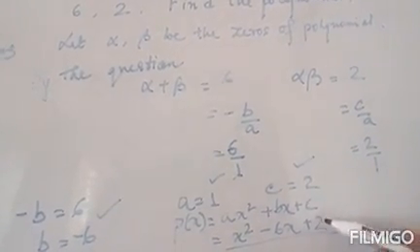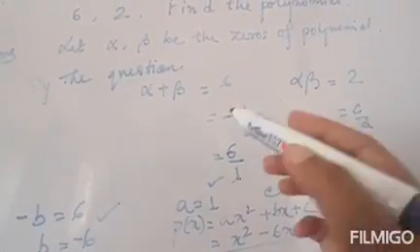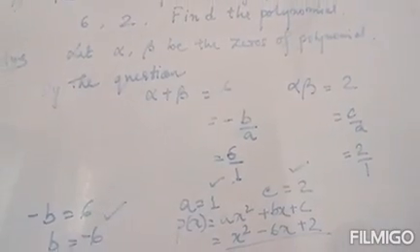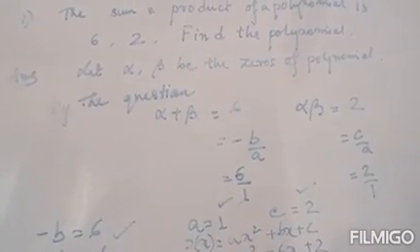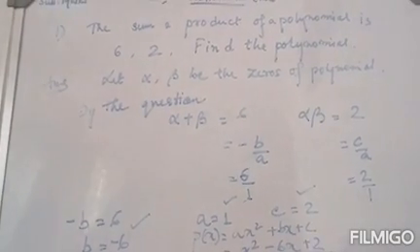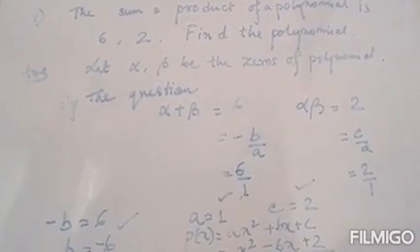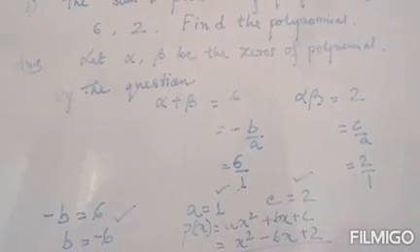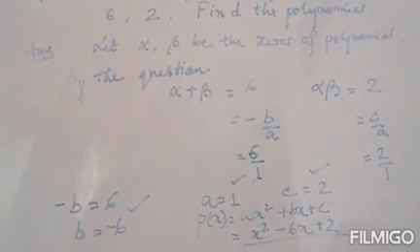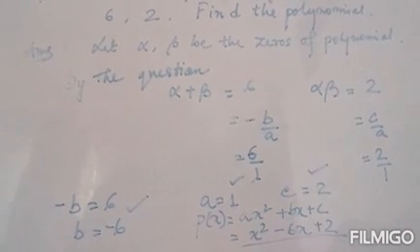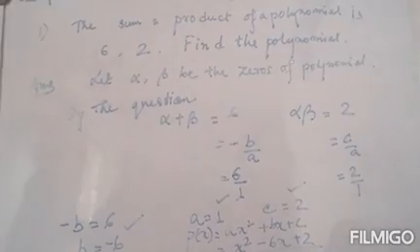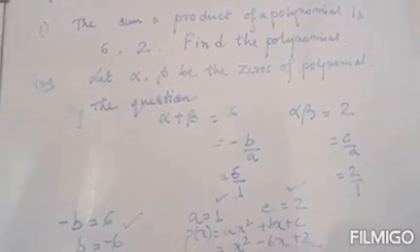And you can also verify it by putting the values back, for example substituting 6 in this case, and find out whether it is coming as 0 or not. You can substitute the values and check.